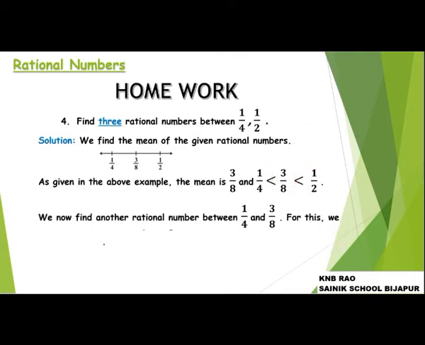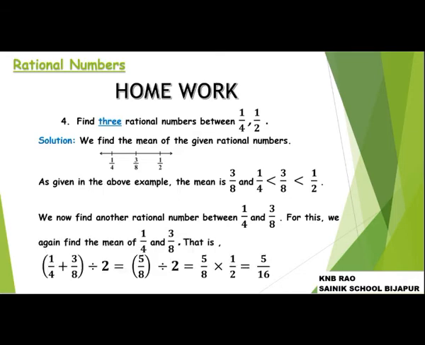Here, we find another rational number between 1 by 4 and 3 by 8. For this, we can again use the same mean concept. The mean of 1 by 4 and 3 by 8 is 5 by 16.